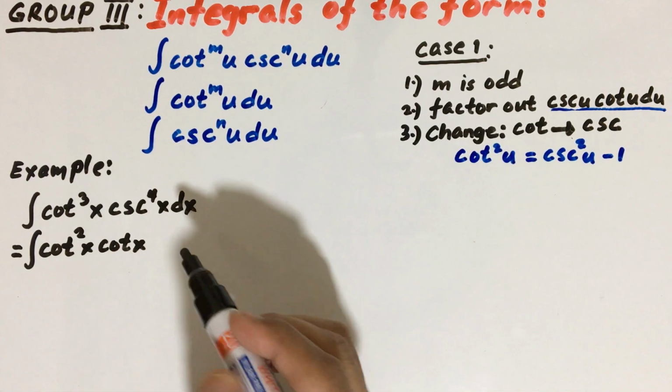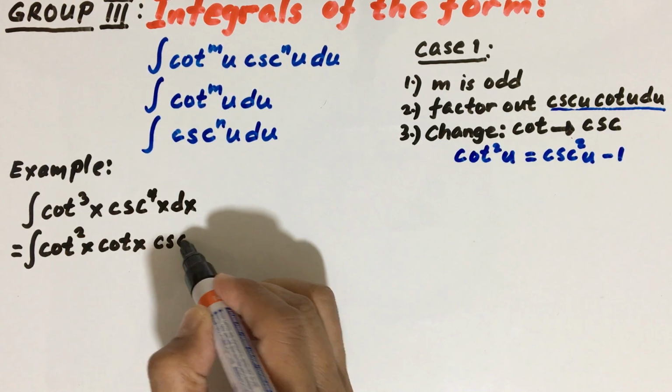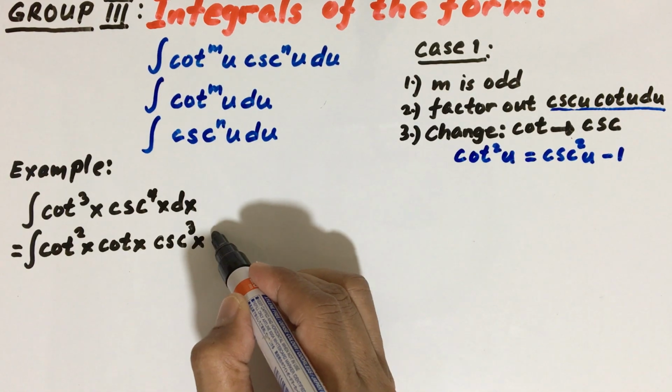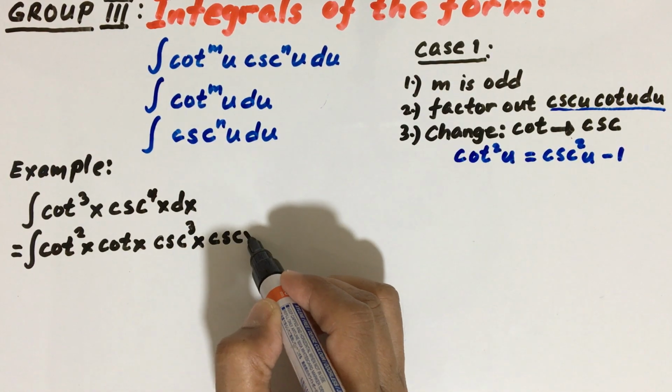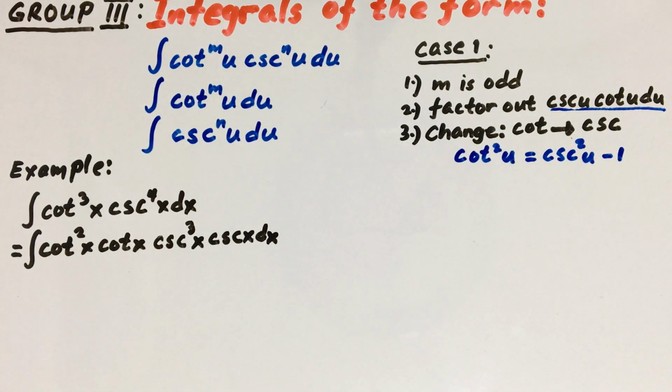Then the cosecant, we can rewrite as cosecant cubed x multiplied by cosecant x dx. So that is now our new integral.